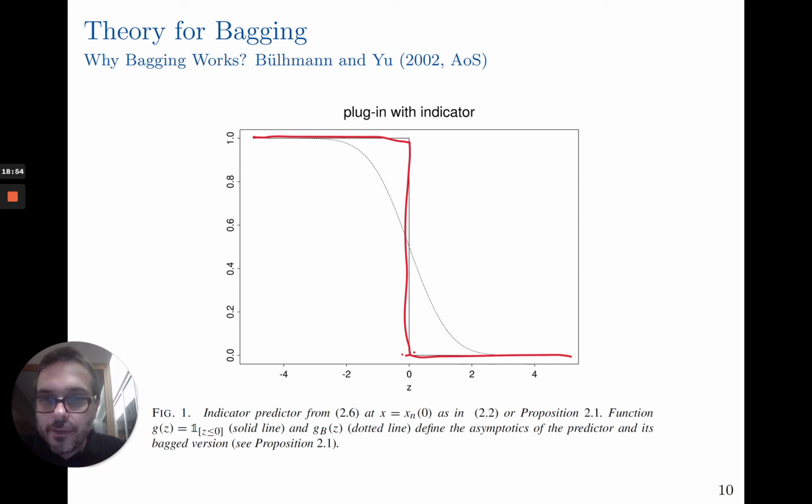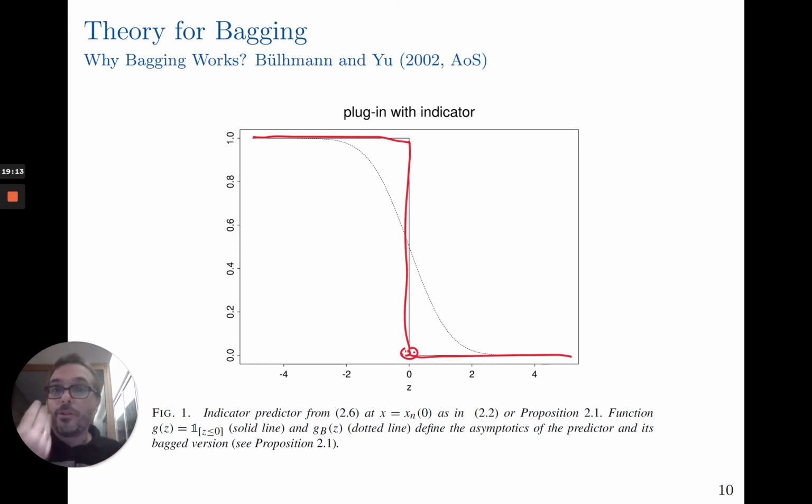If it's here, it's too close to the threshold, but it's above the threshold, so theta is 0. Here, it's also close to the threshold, but it's below, so it's 1. So anything that's around the threshold is very unstable. You can go from one side or the other.